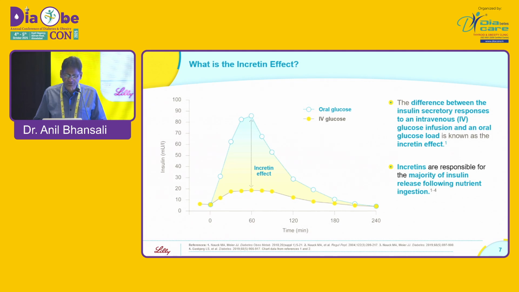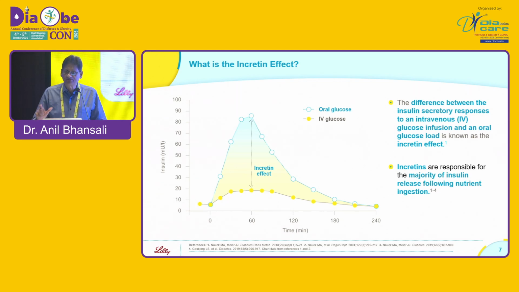If you give an oral glucose load, the insulin levels, in this plot, go up to 80 microunit per ml, as opposed to the insulin levels in response to IV glucose, which is only 20 microunit per ml. You can argue that the glucose levels are higher with IV glucose as opposed to oral glucose. That's why people also did the isoglycemic profile, when similar levels of glucose were raised with oral as well as IV, and still there was a difference in the incretin response.